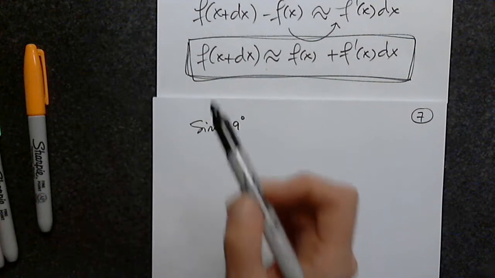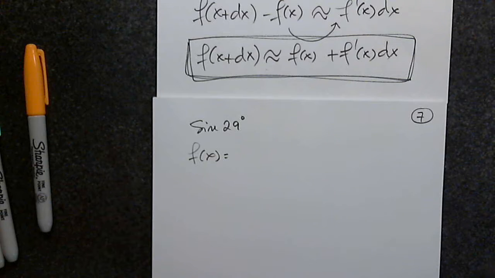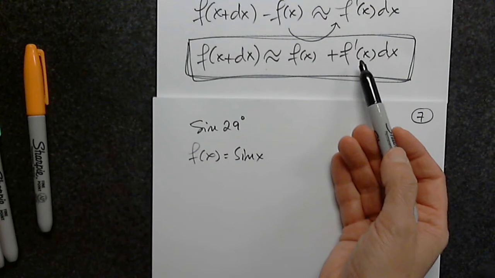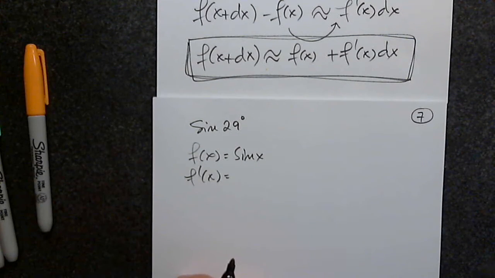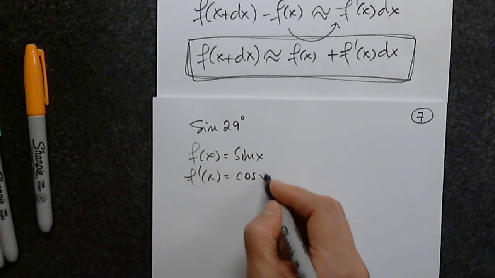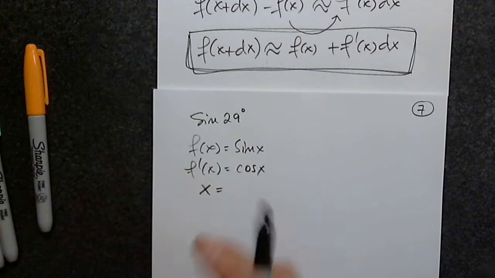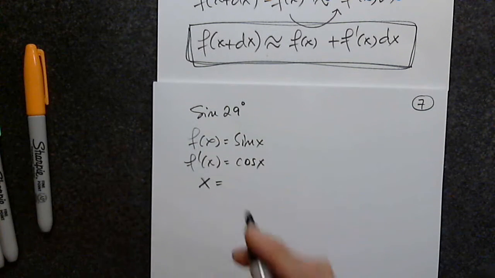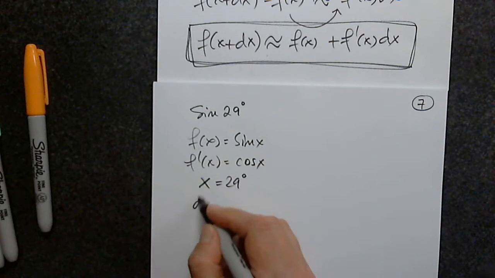So, first I have to identify the function. Which function did I use in creating this example? Of course. Eventually I will need the derivative. How much is f prime of x? Very good. What is x? Very good. What is dx?